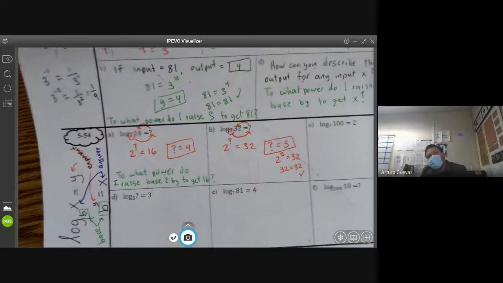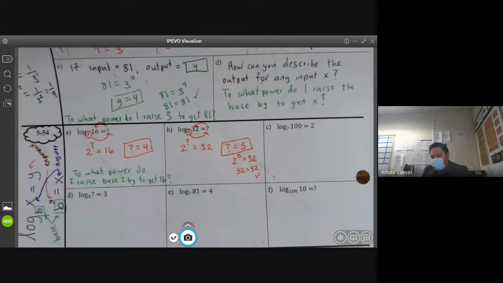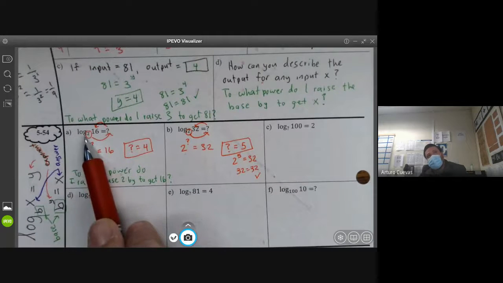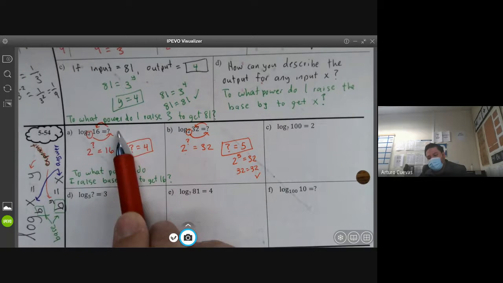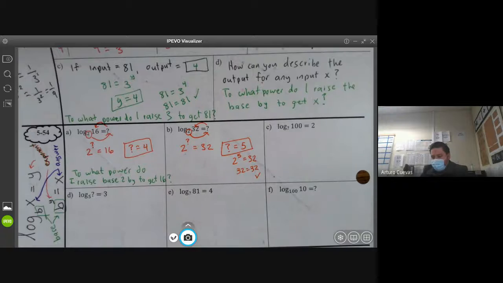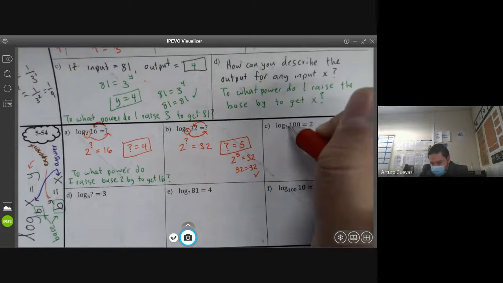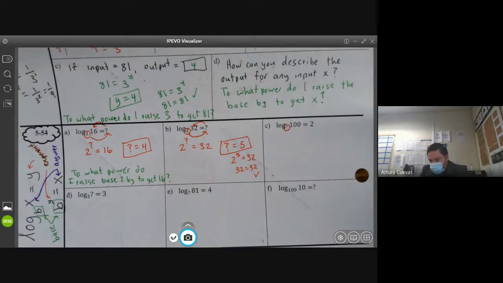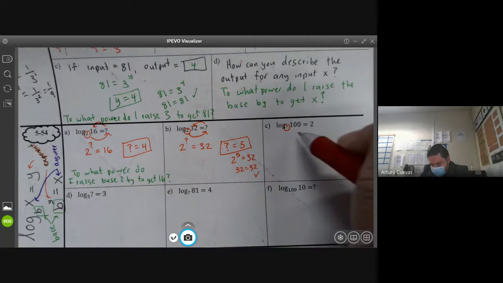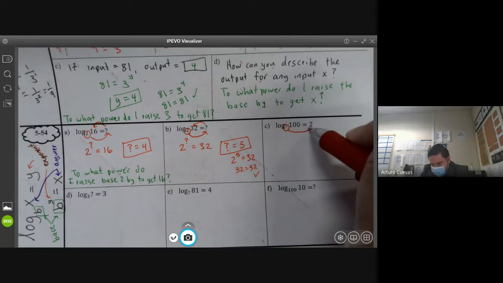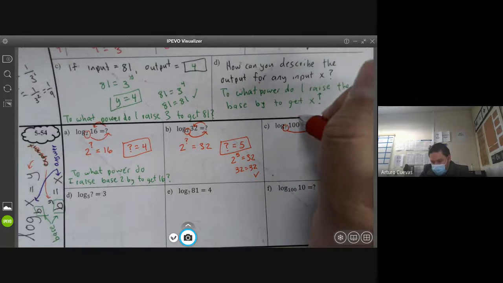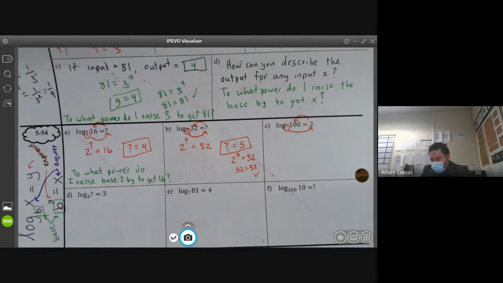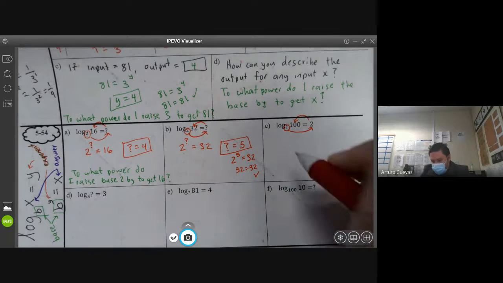All right. Let's do letter C. Where do I start? Over here, I started with the base. Always start with the base. Draw the arrow to the end and then come back to the middle. Start with a what? With the base. Draw the arrow to the 2 and then come back to the answer. So how do I write this down?